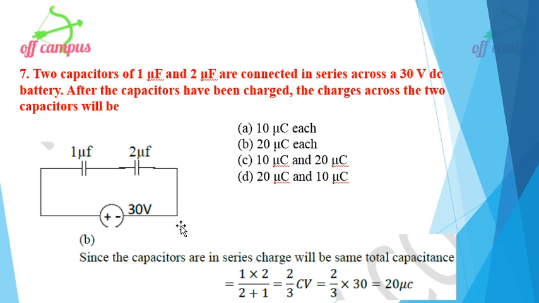What is the voltage? Voltage equal to 30. So, 2 by 3 into 30 equal to 20 microcoulomb each. So, the capacitors are in series, so the charge is the same for both capacitors. 20 microcoulomb each. Option B, 20 microcoulomb each, is the right option for this problem.